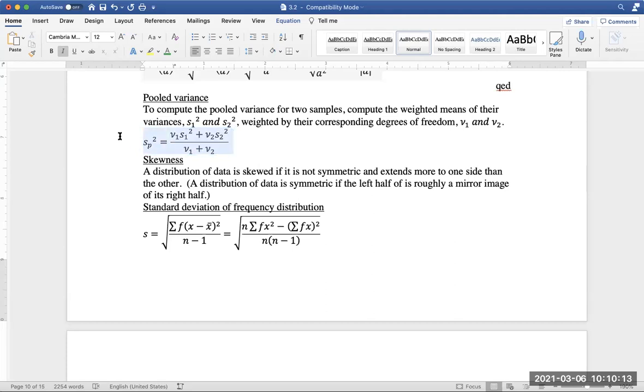This is an important formula that we'll be using in chapter 9, I think, and chapter 11. So it is an important formula that will be used in later chapters.